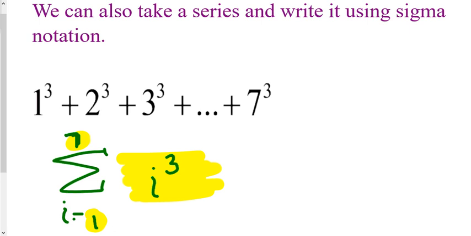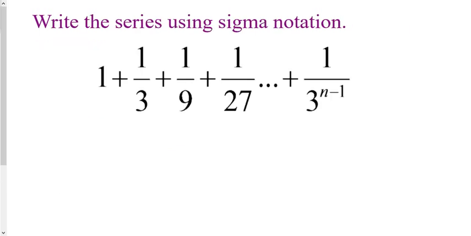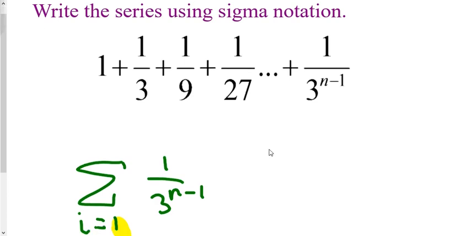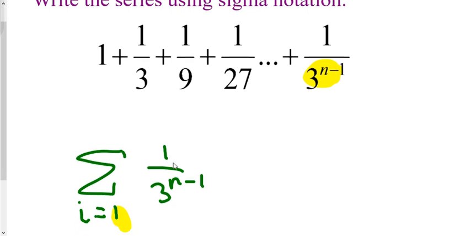All right, take a look at the next example. Pause the video and see if you can come up with the answer here. All right, let's check how you did. So the nice thing about this one is they have the pattern already given to you, right? The formula is right there, 1 over 3 to the n minus 1. And if we look at it, we can see that it seems to work out just fine, right?